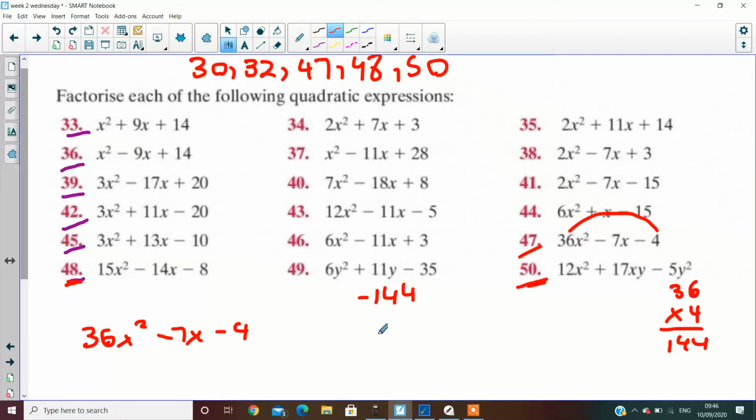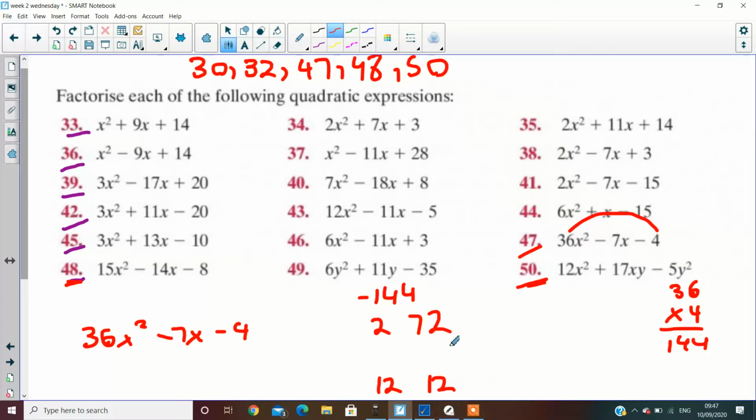Is 2 times 72 any good? What's 72 take away 2? Yeah, that's no good. Is 12 times 12 any good? Why not? The answer is somewhere in between.